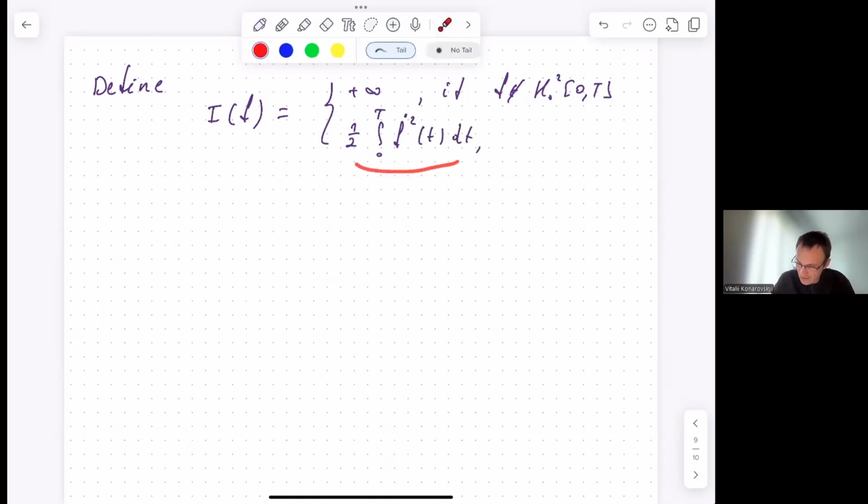Now note that this integral is finite in the case when f belongs to that set.